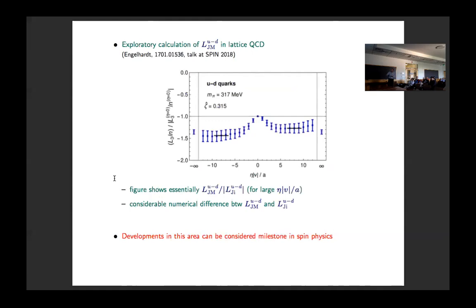I should explain a little more here. This is as a function of a parameter which defines the length of the staple-like Wilson line, which makes the operator gauge invariant. If this argument is 0, we get just the Ji orbital angular momentum and the ratio is 1. But in fact, since this is negative, we get -1.